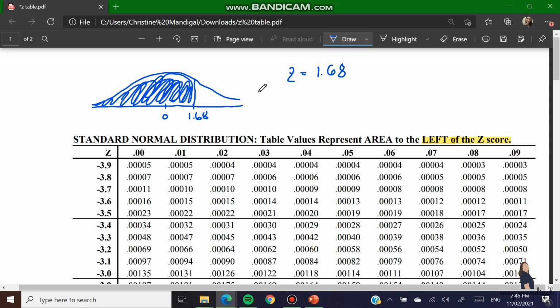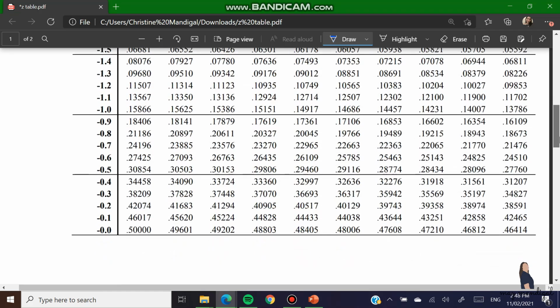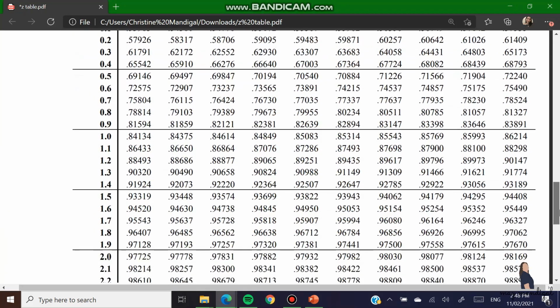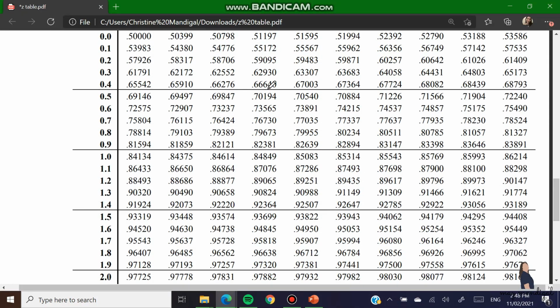So how are we going to use our z-table? We have here 1.68. Here in the first column, you will see the z, which represents the z-score. All you have to do is to find the whole number and the first decimal place, so that is 1.6. So here's 1.6.